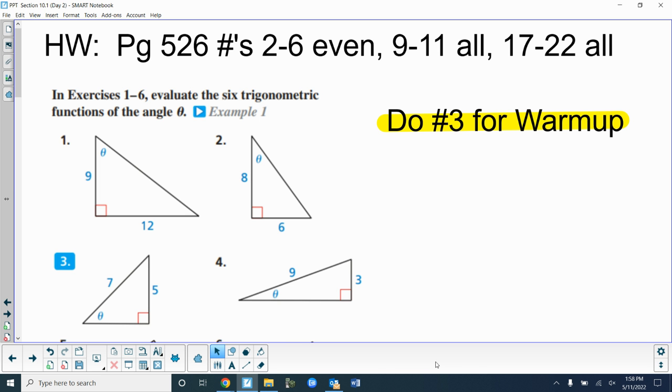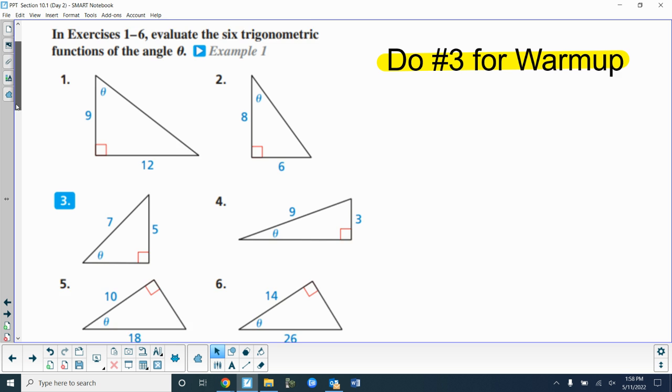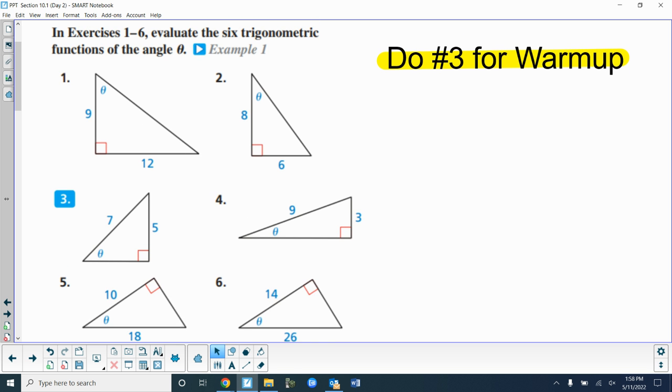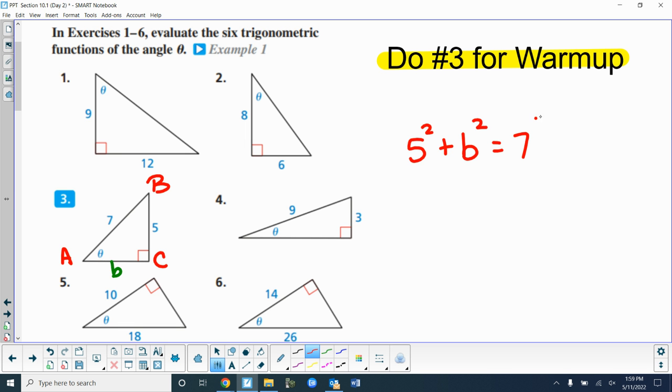So let's go over number 3 that we did for warm-up. Okay, so I'm going to make theta A, this top angle B, and always make the right angle C. So to find side b, which is down here, we're going to do our Pythagorean theorem, which would be a squared plus b squared equals c squared.